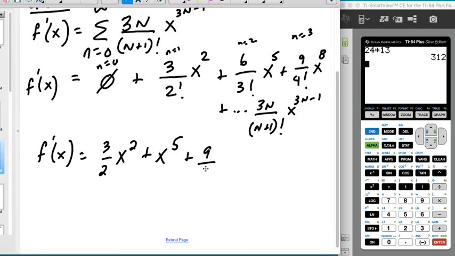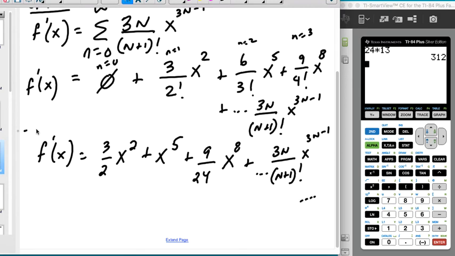Honestly, you could leave it as a 9 over 24. If you want to cancel something, that's fine, but the more simplifying you do, the more likely it is you're going to do something wrong. I do need the ellipsis there because I'm skipping a whole bunch of terms to jump to the nth term. So 3n over n plus 1 factorial x to the 3n minus 1, dot, dot, dot. So that's fine. That's one way to do it.